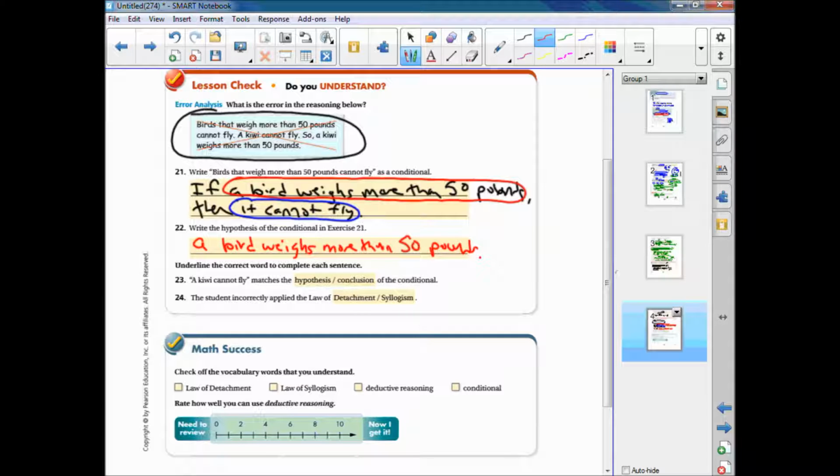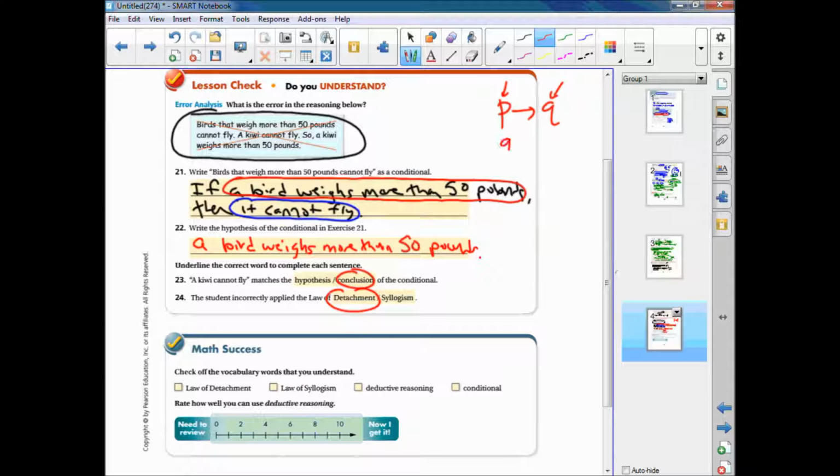Okay. Underline the correct word to complete each sentence. So let's see. A kiwi cannot fly matches the conclusion of the conditional. The student incorrectly applied the law of detachment. So let's see what they did. They said P implies Q. That was a bird weighs more than 50 pounds, and it can't fly.